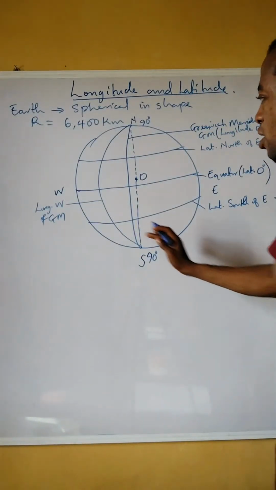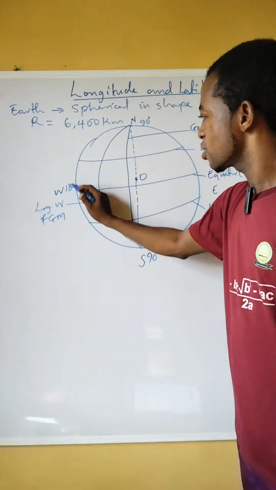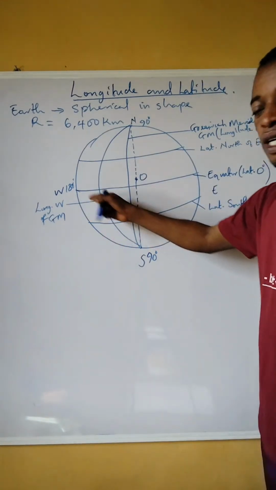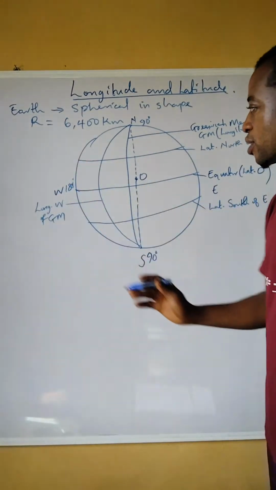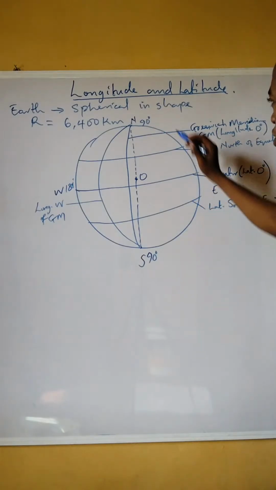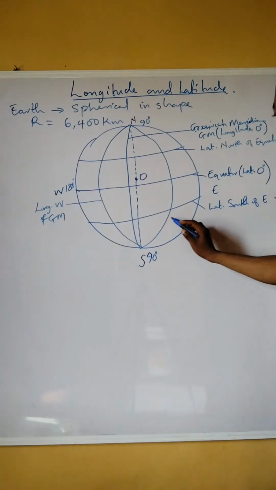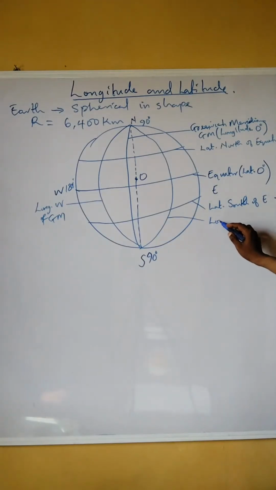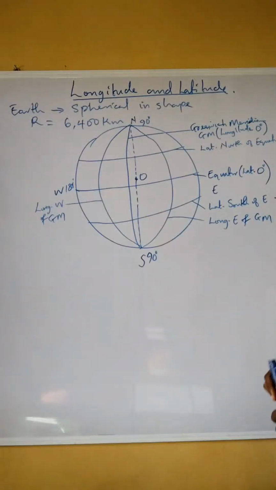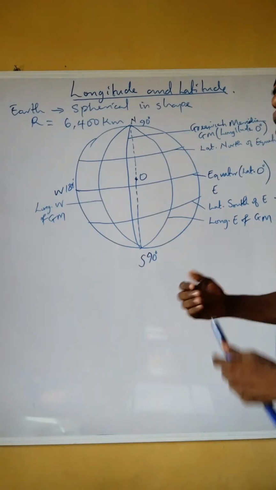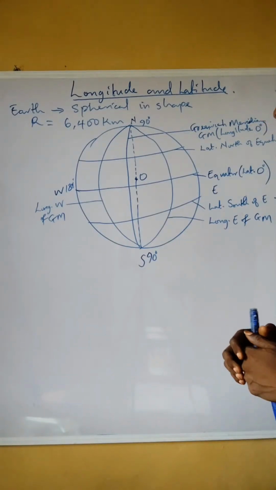The highest degree of longitude we can have along the western part is 180 degrees. Also, when we have a vertical line on the east like this, it is longitude east of the Greenwich meridian.